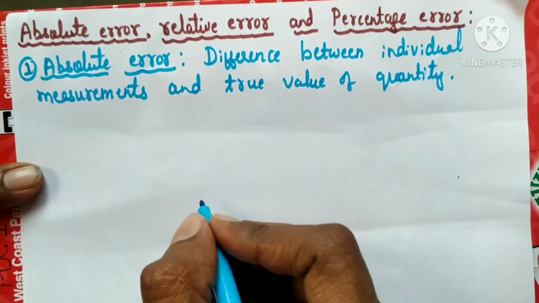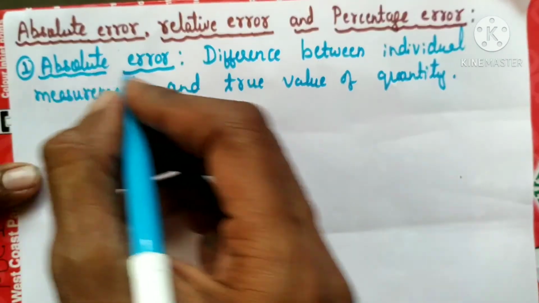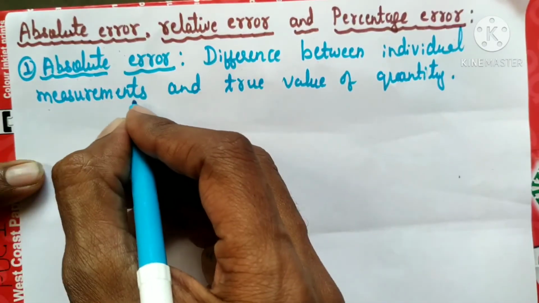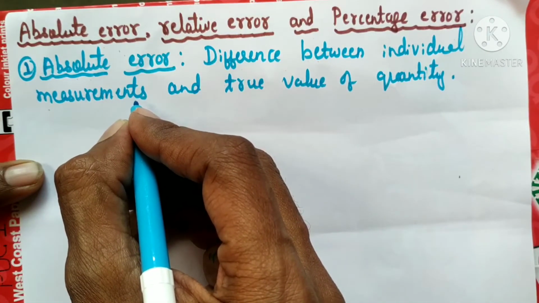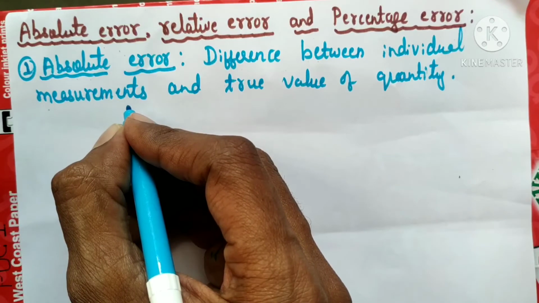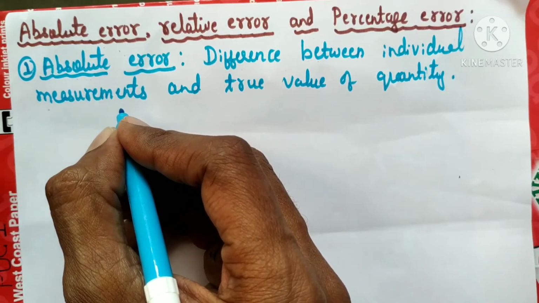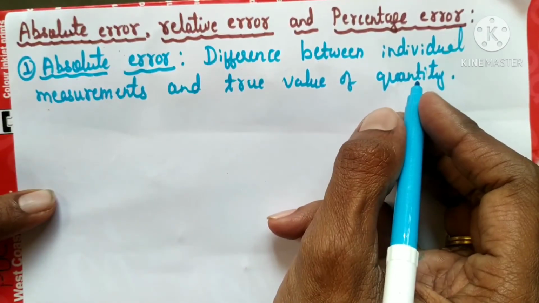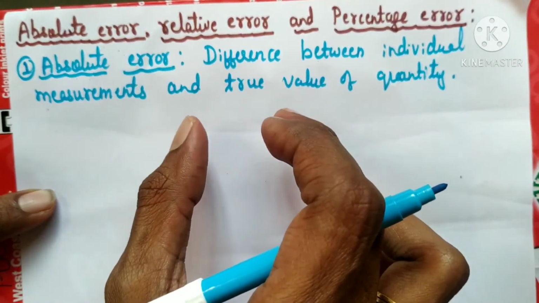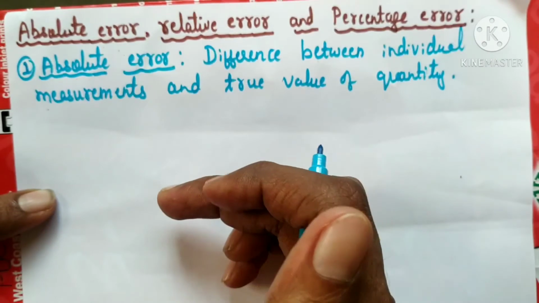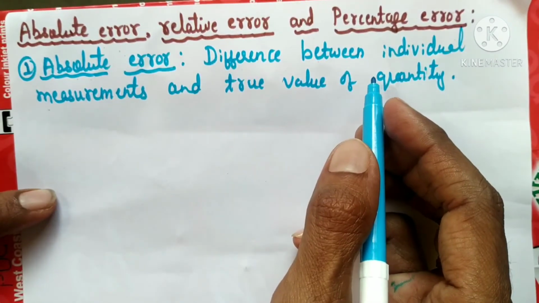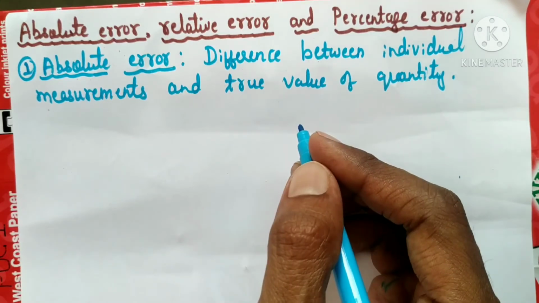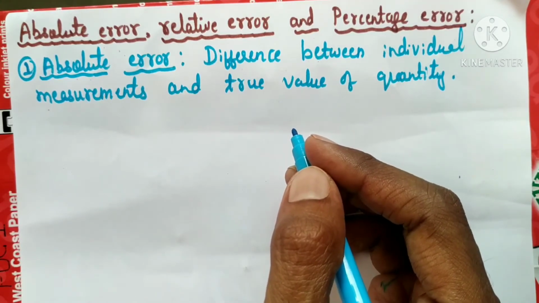That is what absolute error. So we can say that the observed values which are taken from the experiment and the true value of the quantity, the difference between those two is called absolute error. So it is the difference between the individual measurements and the true value of the physical quantity. That is what absolute error.